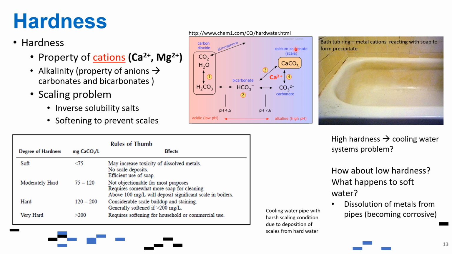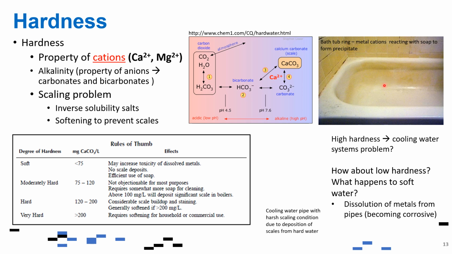In solid form, this is scale, which you see in your bathtub. If you don't clean your bathtub, you will see white scales, bath rings. These are usually calcium carbonate scales.